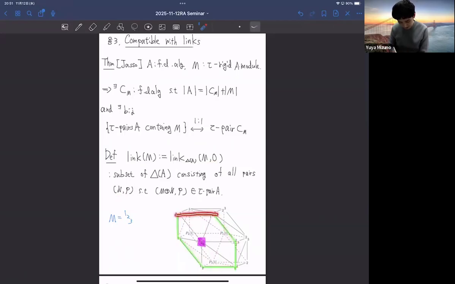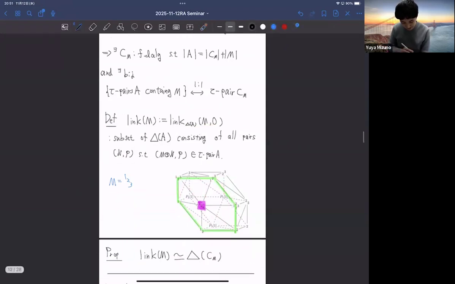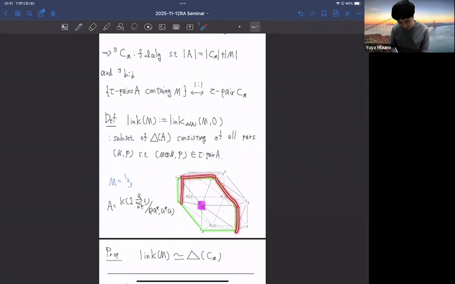And actually this part is again given by a finite dimensional algebra, in this case the type A2 preprojective algebra. So namely, this subset is controlled by this small algebra.